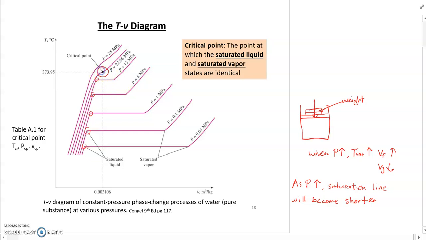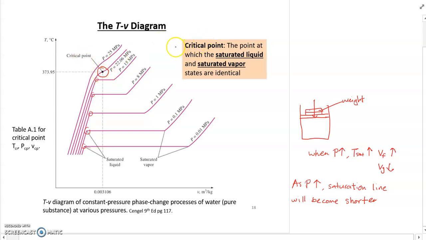See this point, the one that I circled here. It becomes a point when P is equal to 22.06 megapascal. When you no longer have that saturation line, we call it a critical point.